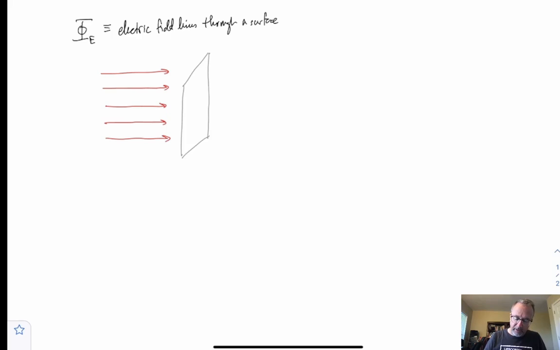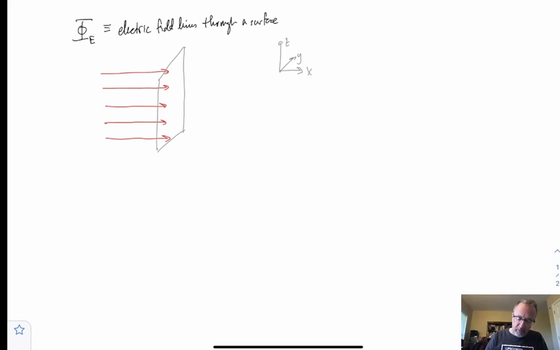I've got X, Z, and then Y would be back out that way. So if it goes in like that, you see what I'm saying? It's going to thread through there.